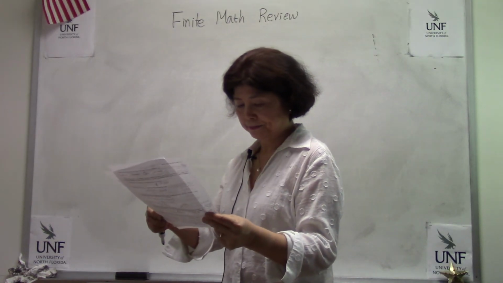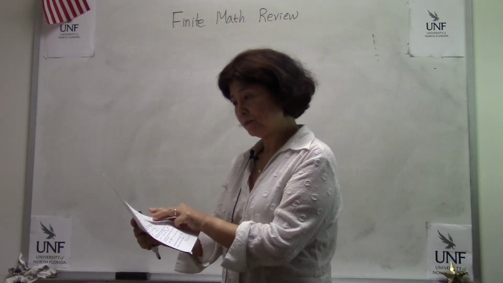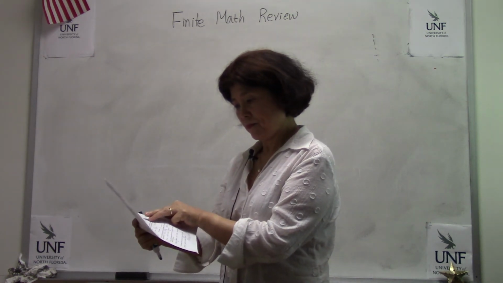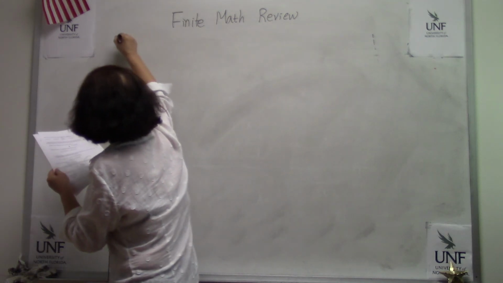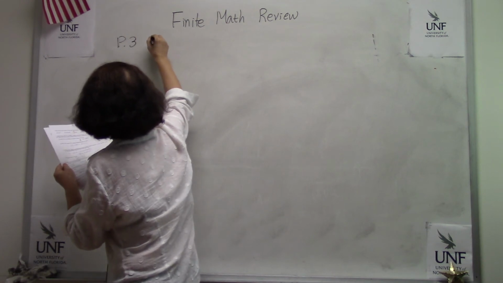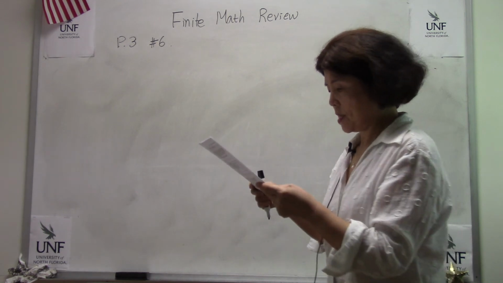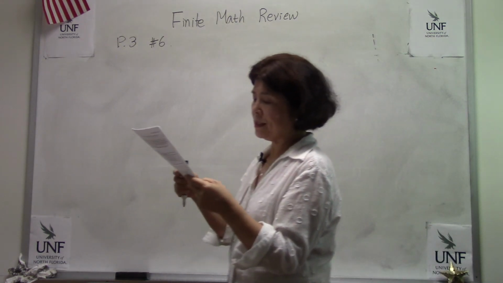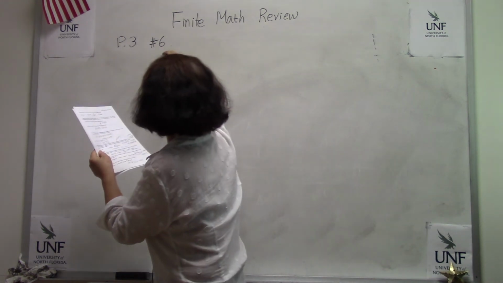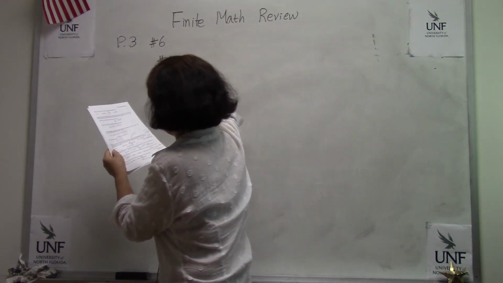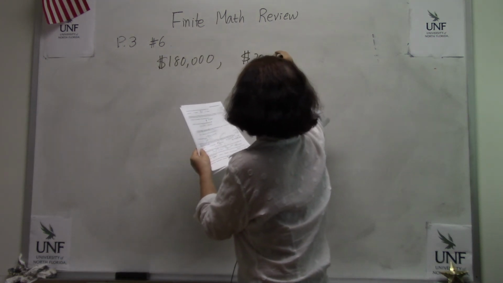All right, so now we go to the problem. Number 6 on page 3. Teddy and Tracy will buy a $180,000 home with a $20,000 down payment.